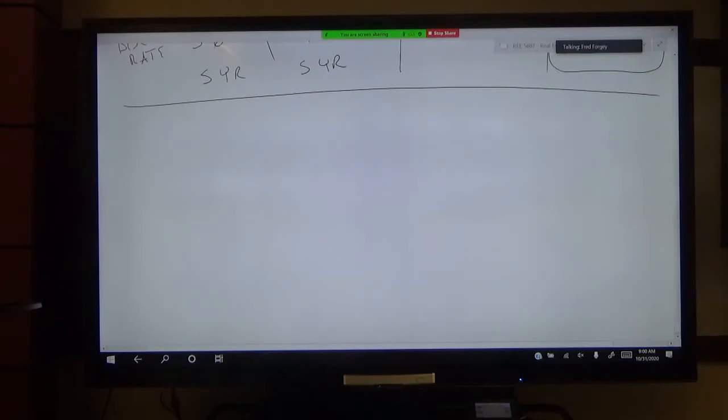Okay, this next one is an example of one that's probably going to be a little bit tricky. And this is a form of a net present value calculation.